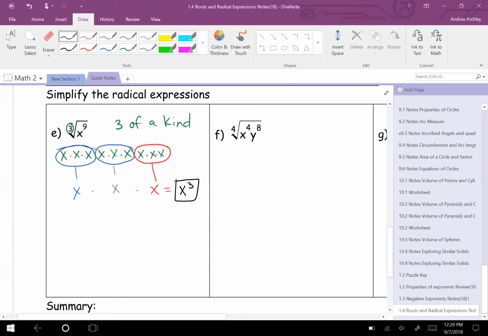So again, you're still looking for the 3 of a kind. Yes? So when you're doing 3 of a kind, you made 3 circles because I have 3 groups of 3. Any questions over that?